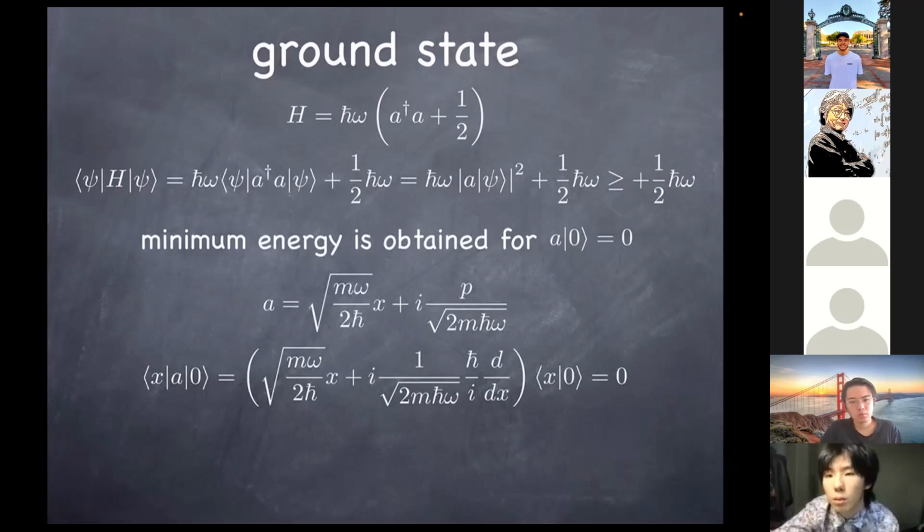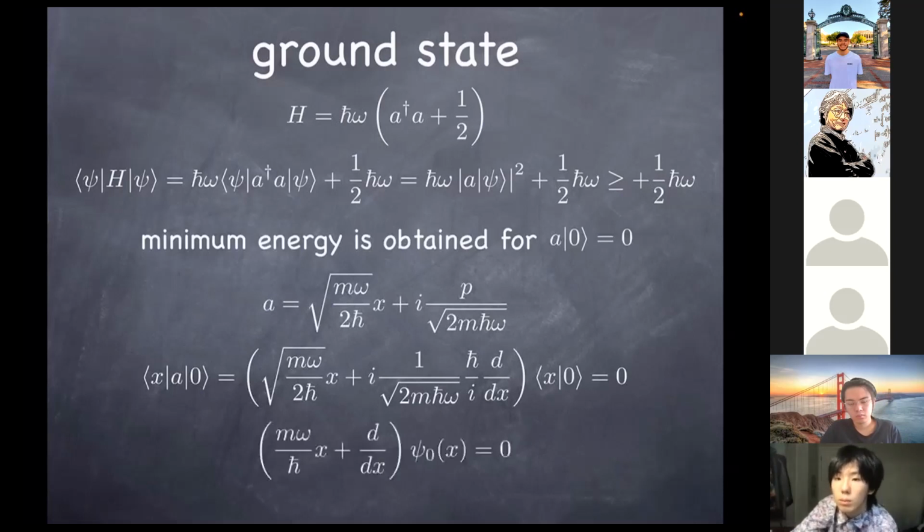Now that we have this requirement that A has to annihilate the ground state, I can write this as a first order differential equation because A is first order in x and p, and that's a lot easier to solve. In particular, you can immediately see that this equation has the x derivative given in terms of x itself, and hence that gives you the Gaussian.